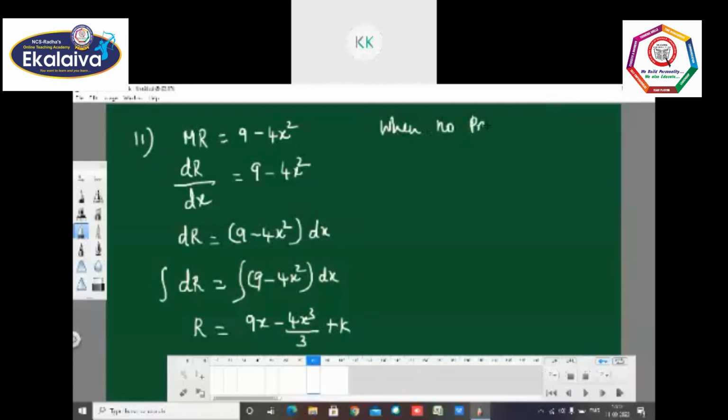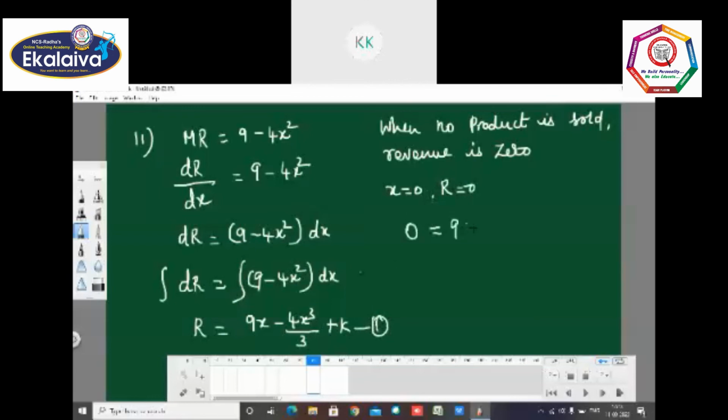First we should find out R. Integral dR equal to integral of 9 minus 4x square into dx.